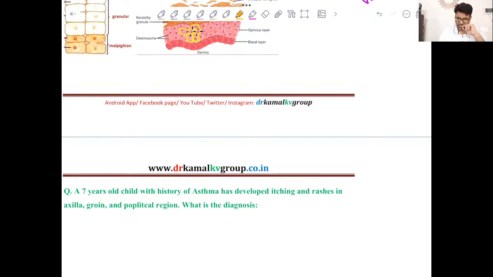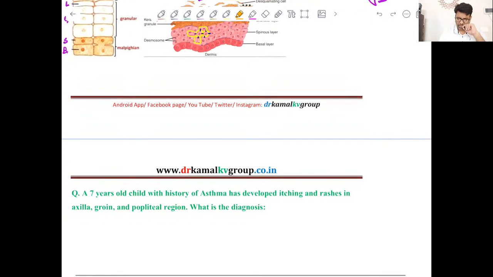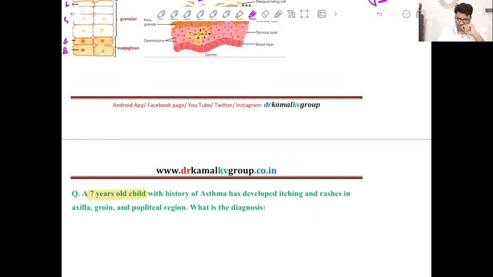A 7-year-old child, there is a history of asthma, and now he is having itching and rashes in the axilla, groin, and popliteal region. What can be the diagnosis?